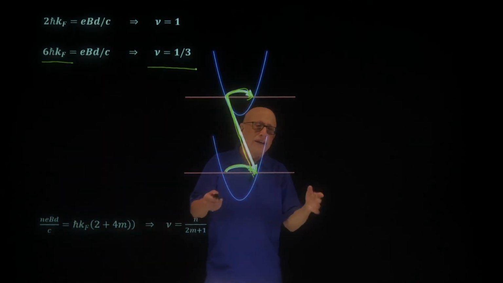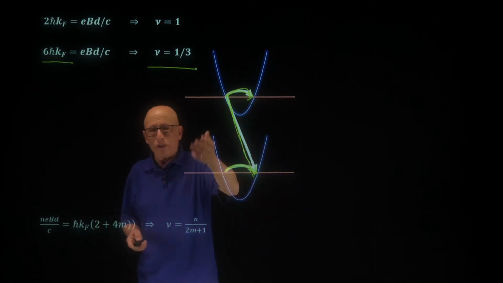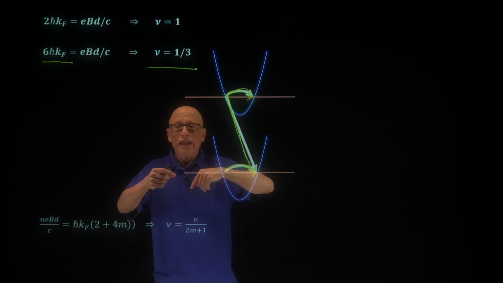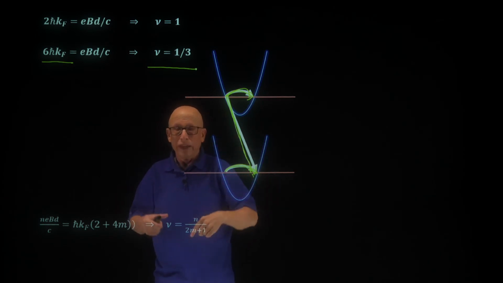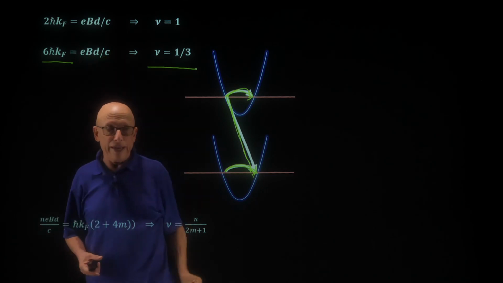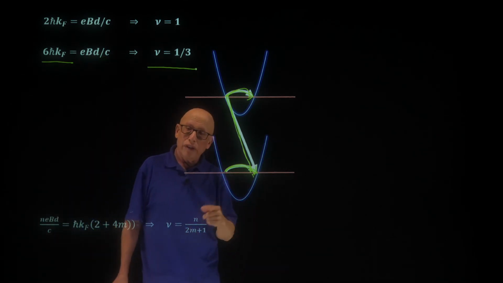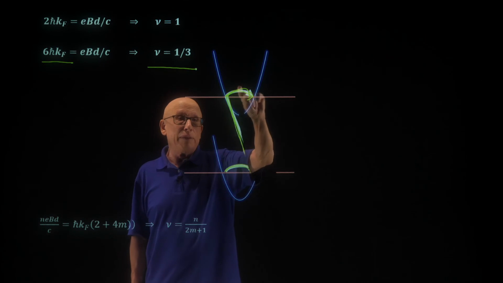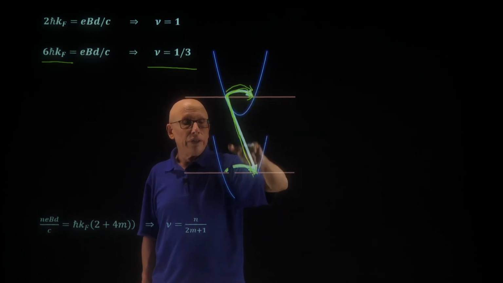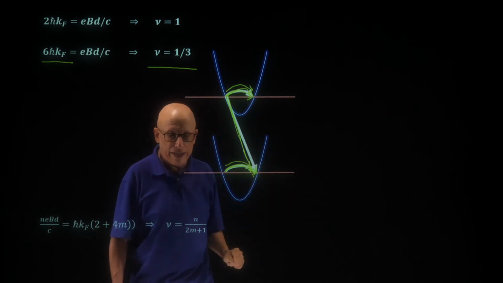Now we can generalize this, right? We know already from the nu equals 2 case that we can tunnel across more than 1 wire, and then this number will be multiplied by n. We can also have more electrons playing this game. For example, not just 1 here and 1 here, but 2 here and 2 here, or any other number.